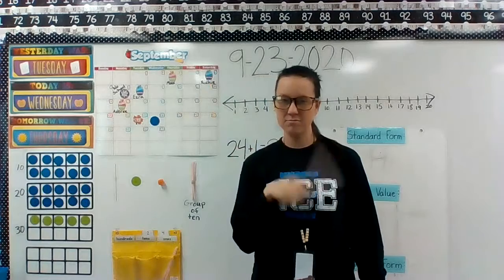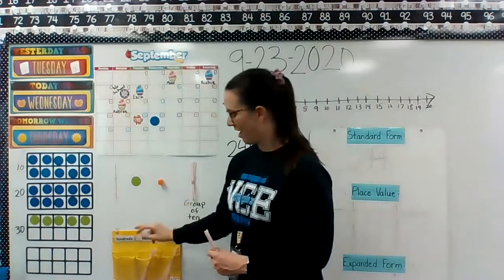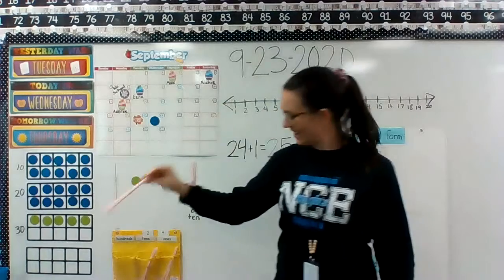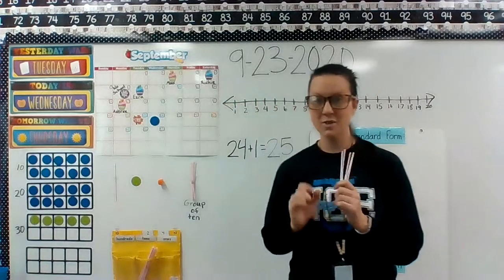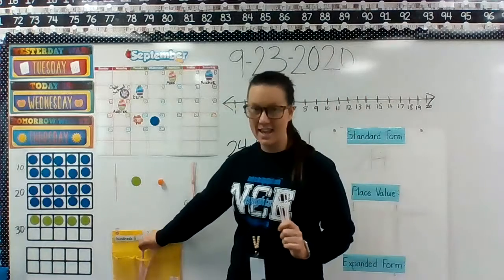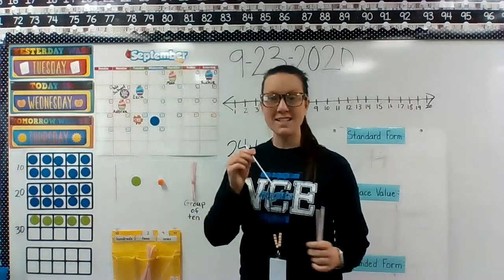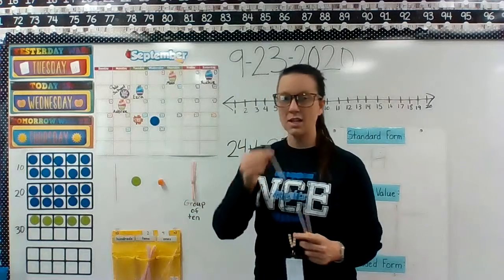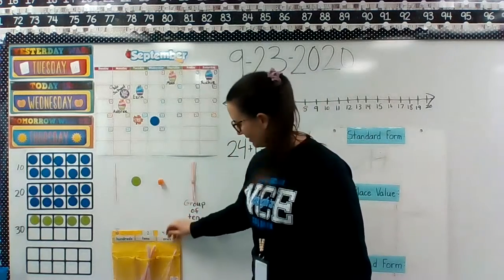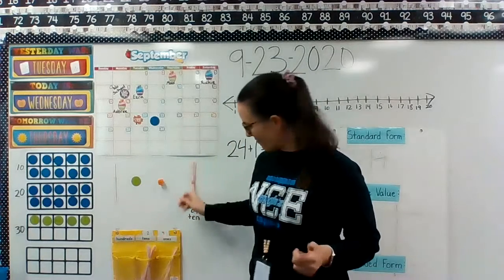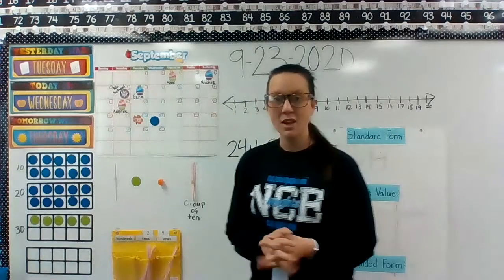So we can just say 10, 20. Oh, and these are ones, so we count by 1. 10, 20, 21, 22, 23, 24, 25. Perfect. 25 is our number of the day.